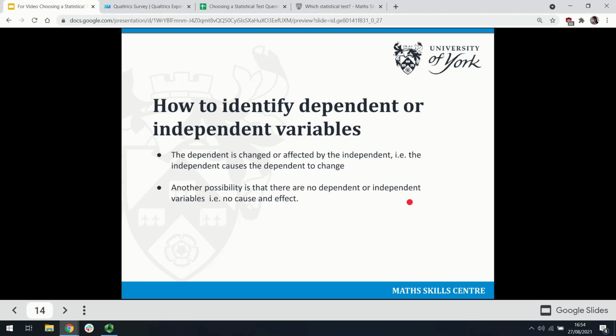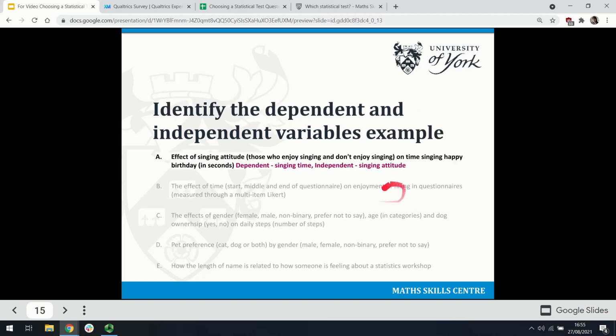Of course, there's another possibility: in some situations, there is no dependent or independent variable, in other words, there is no cause and effect. If you have no idea what I'm talking about, don't worry, because we're going to look at some examples, and hopefully that will clarify this.